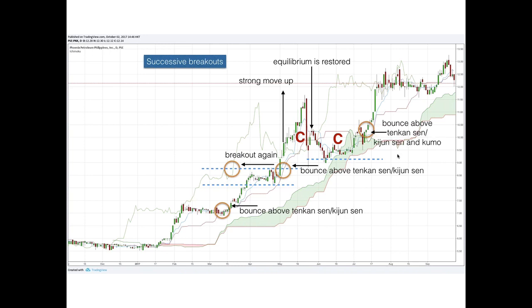And price also bounced above that confluence between the Tenkan-sen and Kijun-sen, which resulted in another breakout. So this was a strong base to break out of, and PNX made another strong breakout.